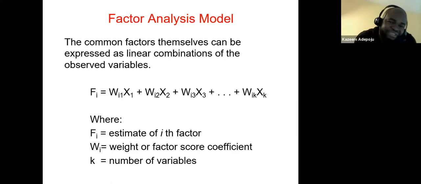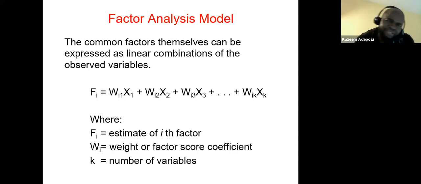You remember, this is synonymous with what we did in principal components. If you look at principal components, at the end of the day, the principal component is a linear combination of the input variables.